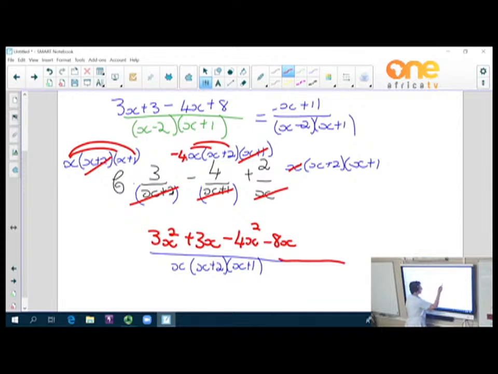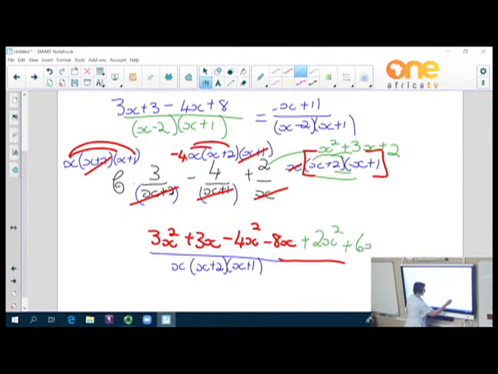Now we need to multiply 2, but we'll first have to multiply those two there. I like those extra brackets. If I multiply now here, FOIL, then I have x squared plus 3x plus 2, which you're going to multiply with this 2 now there. So it's then plus 2x squared plus 6x plus 4.